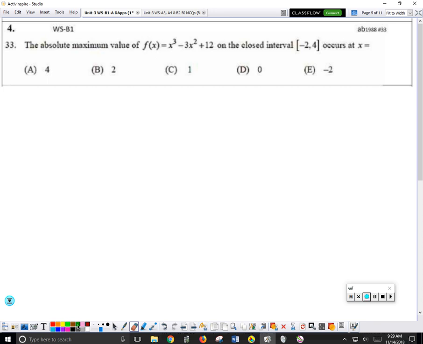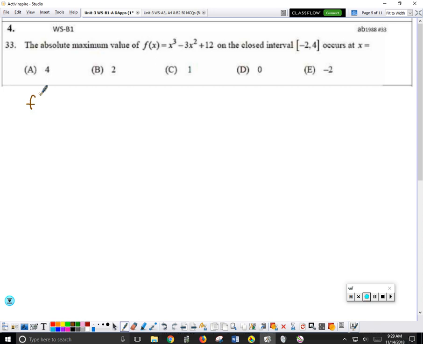So step number 1 is we're actually going to graph f by using f prime. So keep it straight. We're not graphing f prime. We're graphing f. But we're going to graph f using f prime. So let's take a derivative.